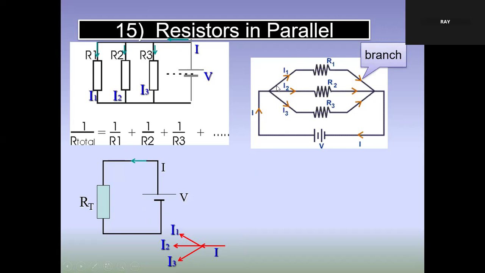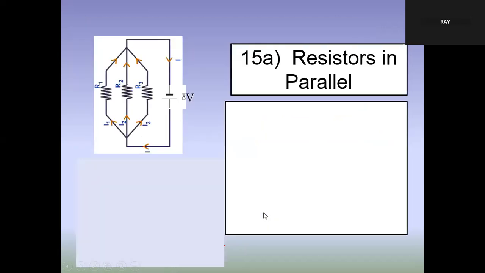First, we are going to look at the current at that junction, where we have I1, I3, I2.